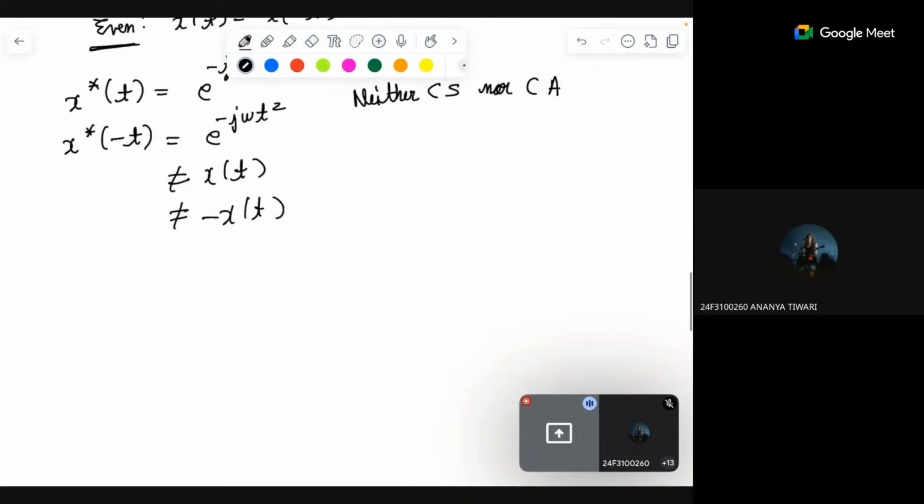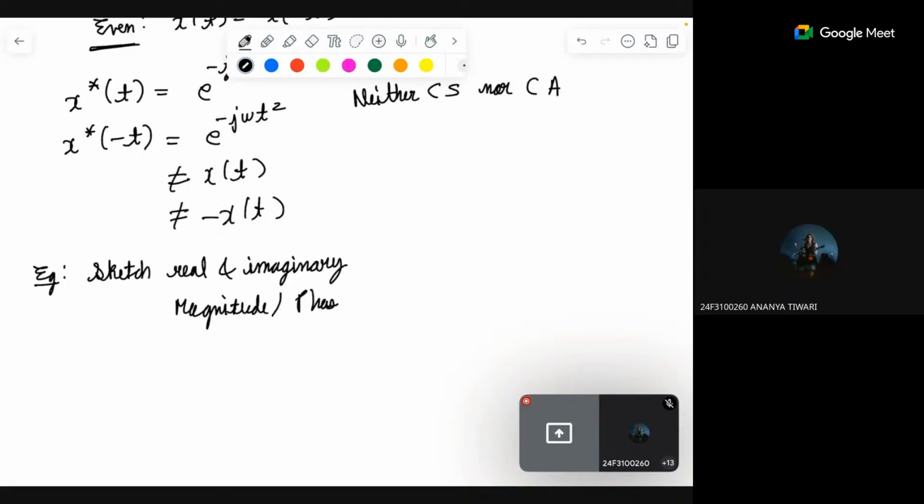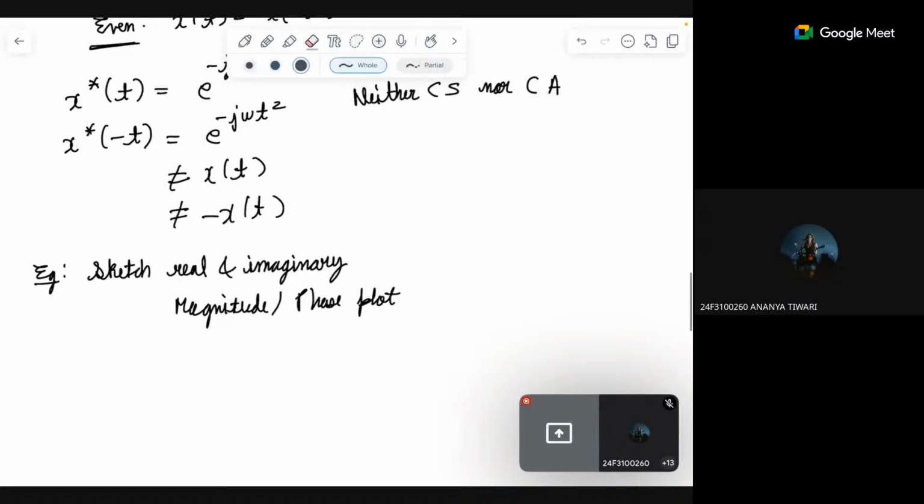Okay, now let us take one more example. We have to sketch the real and imaginary and magnitude and phase plots for this signal, e raised to the power of sigma t plus j omega t.